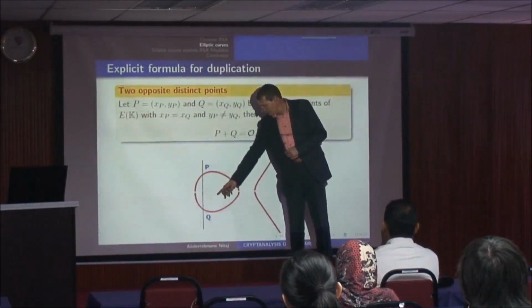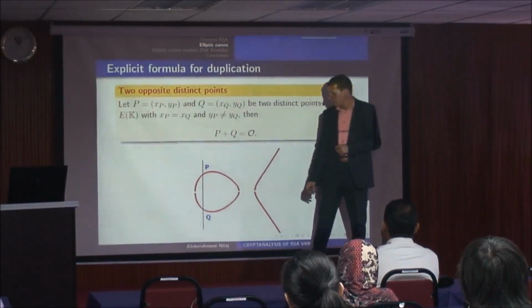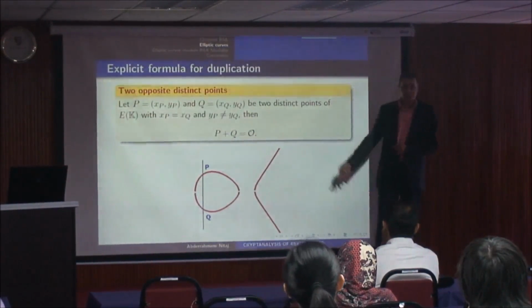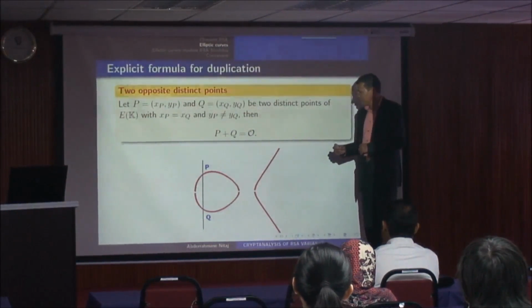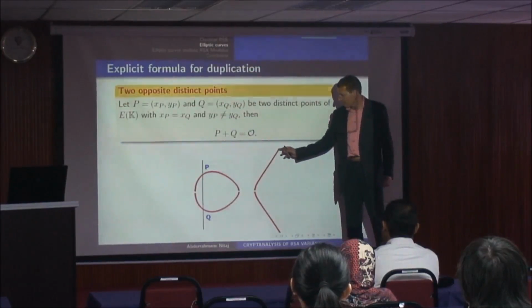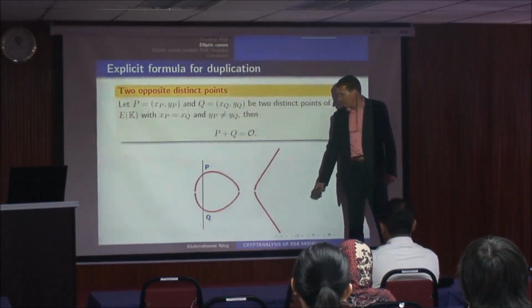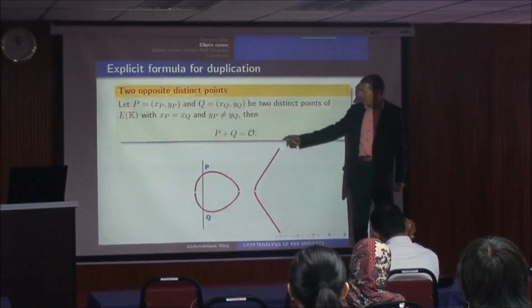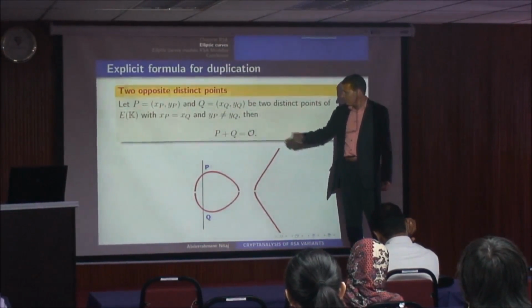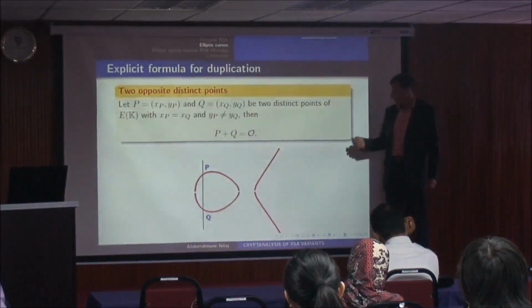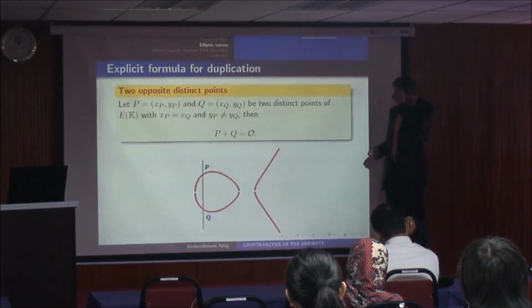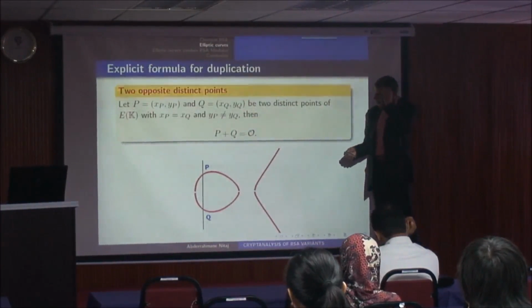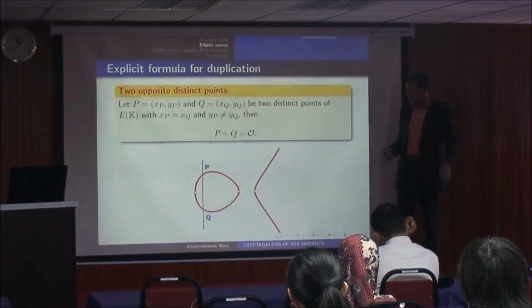So P and Q are on a vertical line, and if you draw the vertical line, you can't find the intersection with the curve. So this means that P plus Q is equal to 0, where 0 is the unit point. And this means that P and Q are opposite to each other.